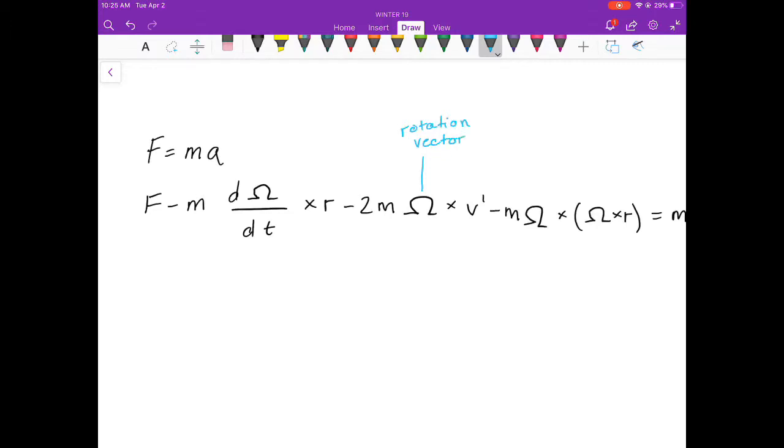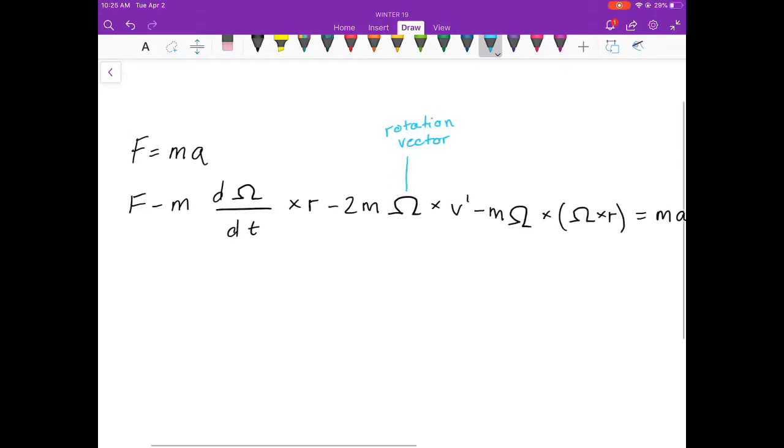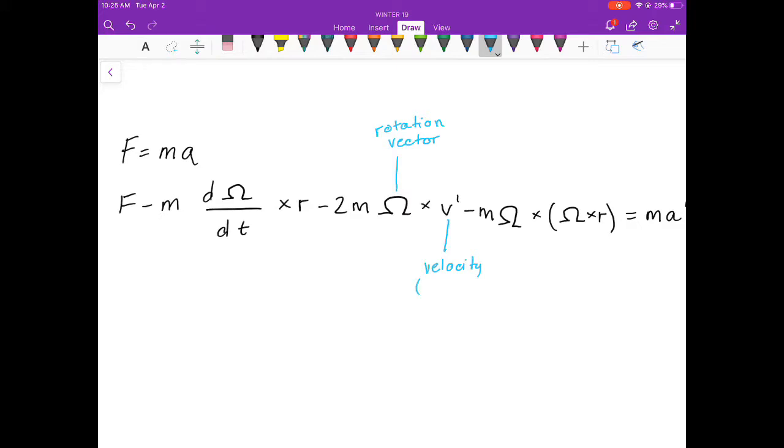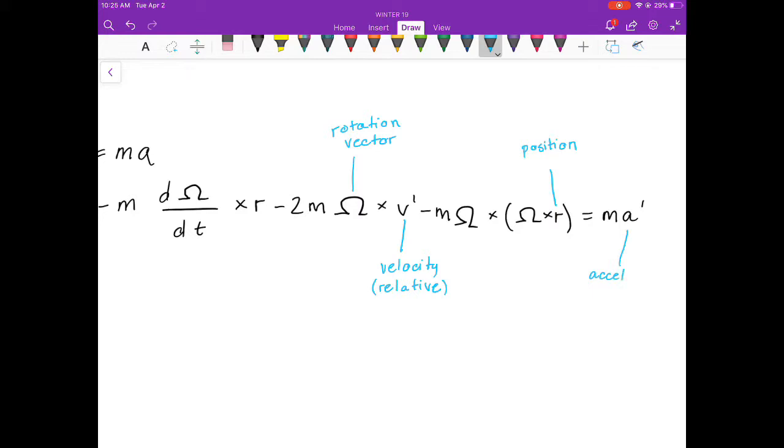We use the rotation vector, the velocity relative to the frame of motion, the position vector, and the acceleration relative to the frame of motion.